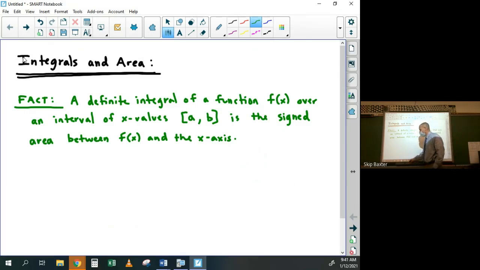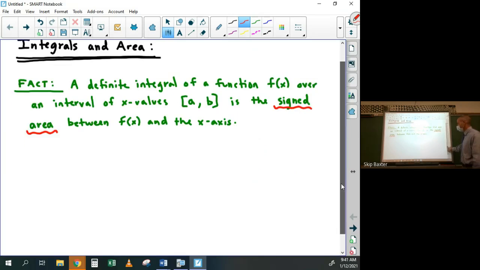Okay, so this term signed area is a little bit weird, but all that means is if the area happens to be above the x-axis, then it comes out to be positive, and if it happens to be below the x-axis, then it turns out to be negative. Okay, that's what signed area means.